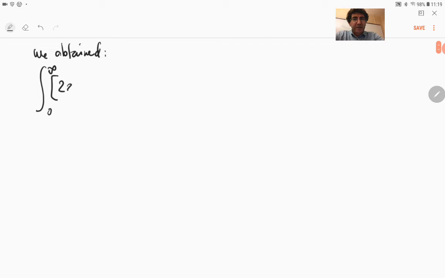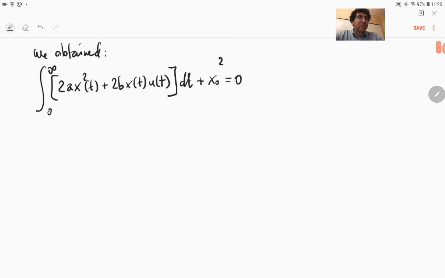Okay, so we have the integral over all time of 2a x squared of t plus 2b x of t u of t dt, plus x0 square, is equal to 0.